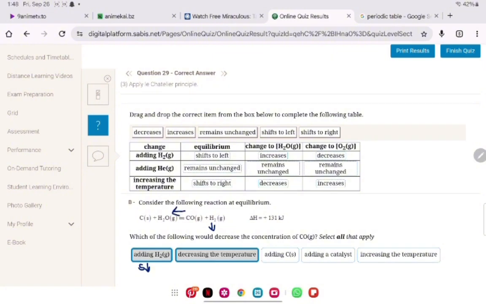So this is correct. Decreasing the temperature, it's endothermic, so plus 131. If you decrease the temperature, the system will try to increase the temperature by moving backwards. So also backwards, it's going to decrease the amount of CO.